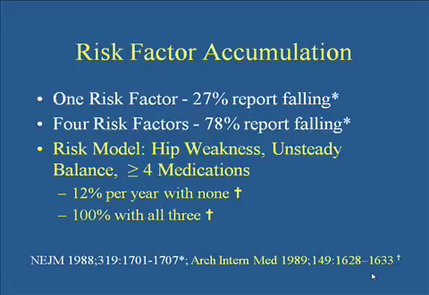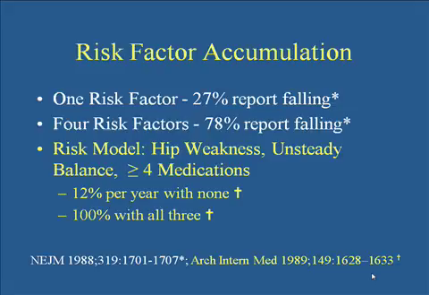And in one model, just looking at these 3 risk factors, so hip muscle weakness we talked about, unsteady balance we've discussed, and taking more than 4 medications. If you had none of these particular risk factors, you had a 1 in 10 chance of falling. So if you had all 3, you fell.